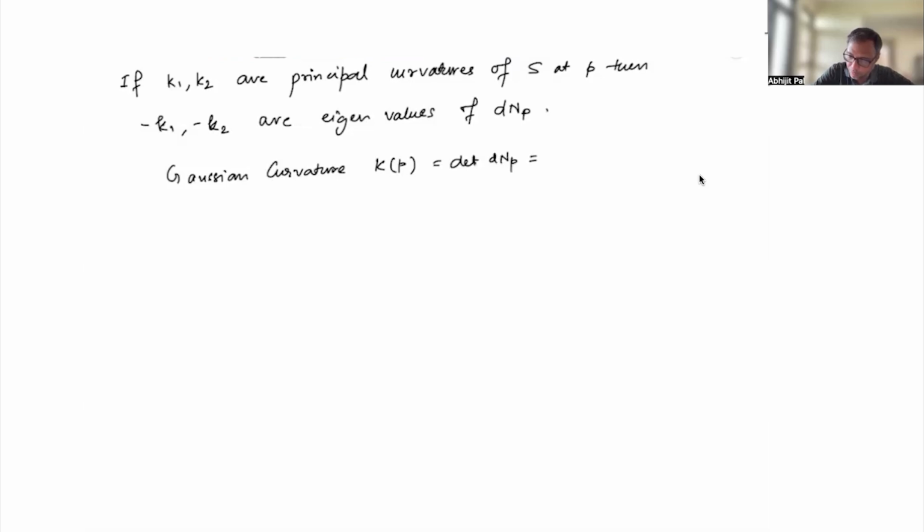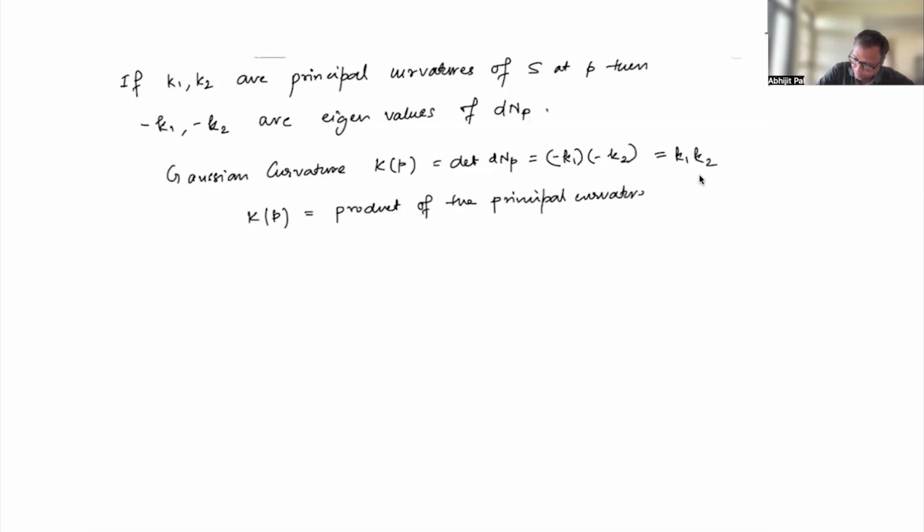So this is equal to minus K1 times minus K2, which is equal to K1 K2. Okay. So therefore, the Gaussian curvature K_P is equal to the product of the principal curvatures at the point P.